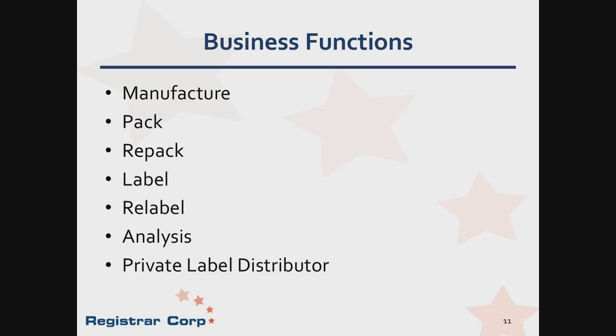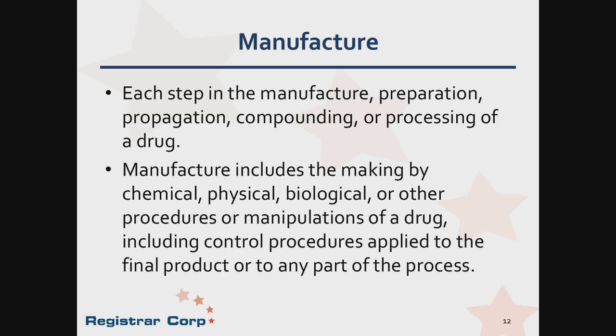It is important to understand how business function terms are defined and used in relation to requirements for businesses that handle drug products. We will go over each of the business functions noted on this slide. A manufacturer physically makes or manipulates the drug product.